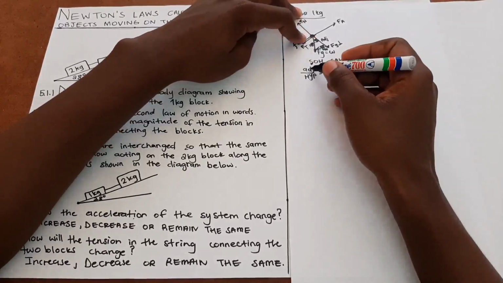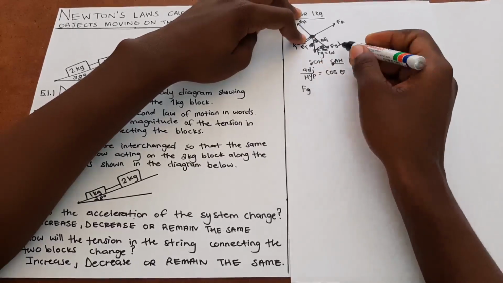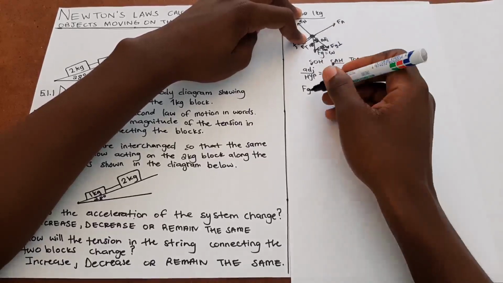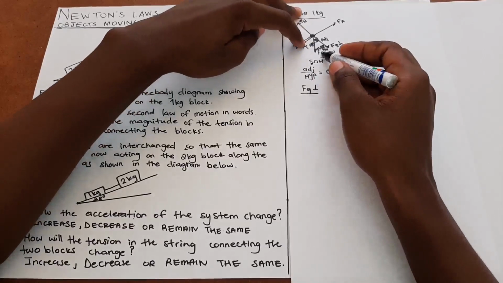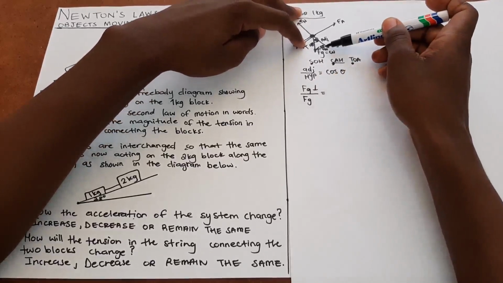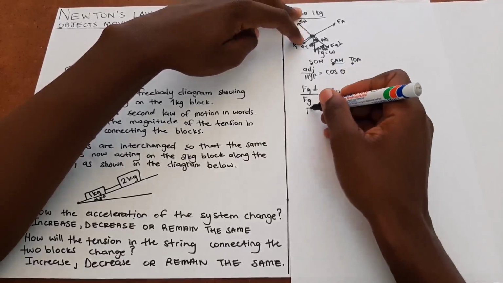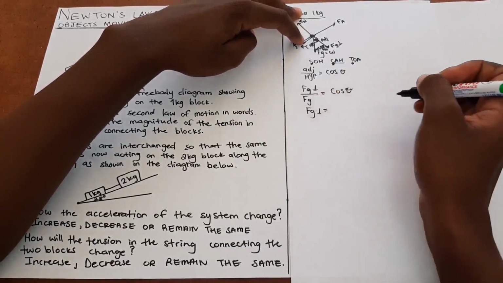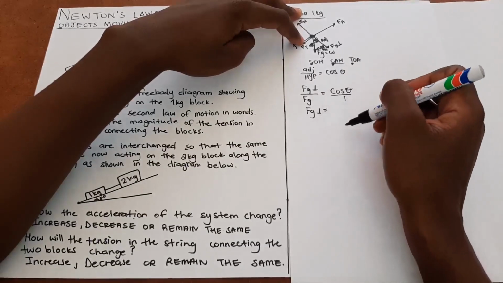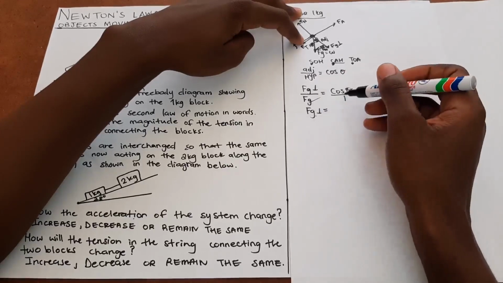So our adjacent side is Fg perpendicular, as you can see. The hypotenuse side is Fg, the gravitational force, equals cos theta. So Fg perpendicular equals, because we cross multiply, Fg multiplied by cos theta.